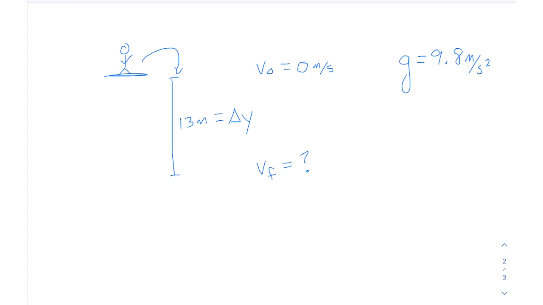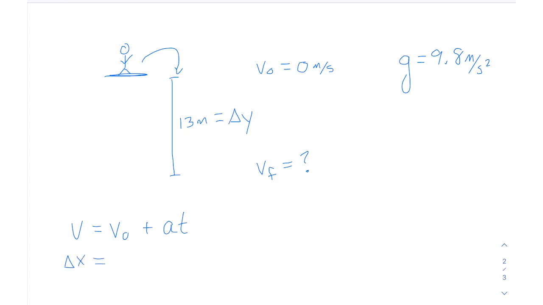So let's see what equations we can use for that. I call them the big three, and hopefully we know our big three velocity equations. The first is your final velocity equals your initial plus at, acceleration times time. We don't have time here, so that one might not work for us. Then we also know that we can get a displacement, delta x, and it could be delta y.